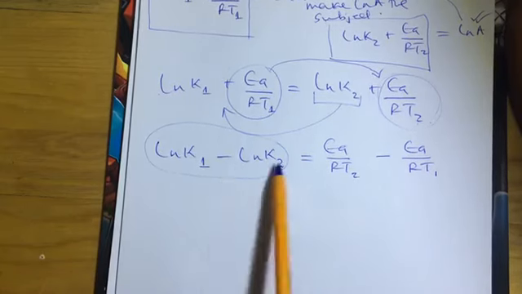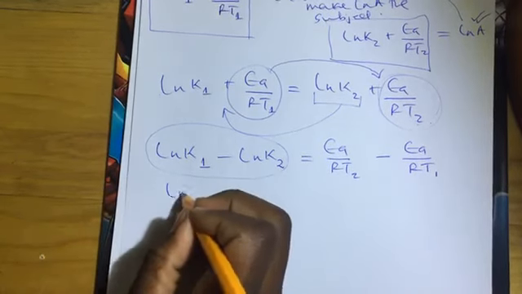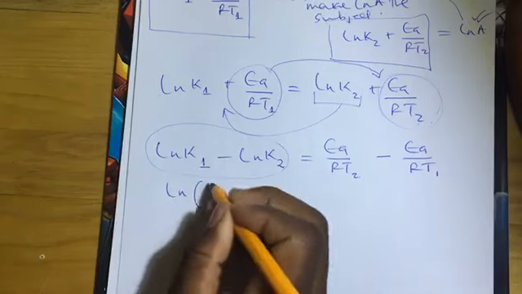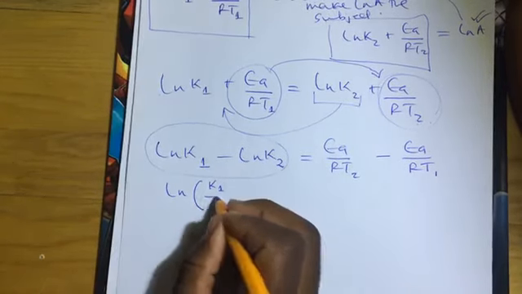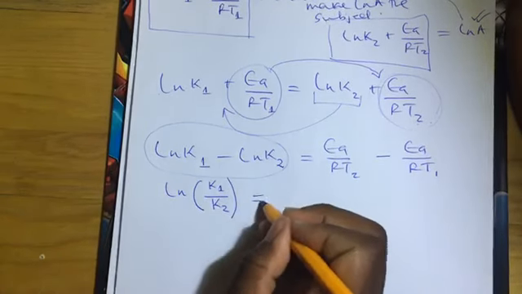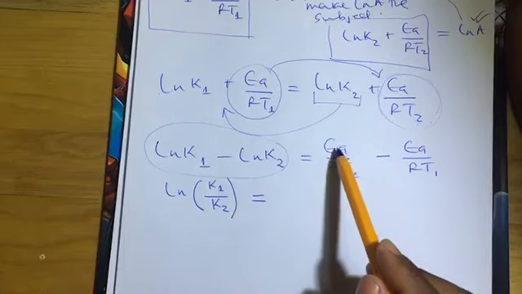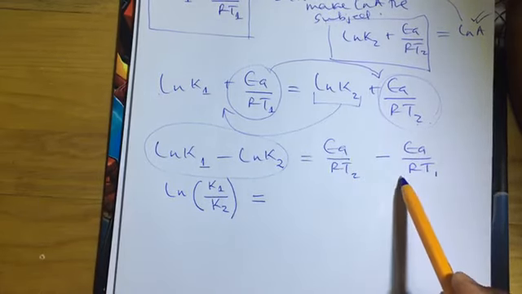All right, so subtracting logs is as good as dividing them. So this is as good as ln K1 will be on top. So the one that's first is the one that will be on top, divided by K2, is equal to, notice that EA is the same, R is the same. You get?